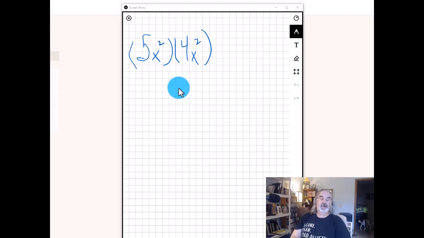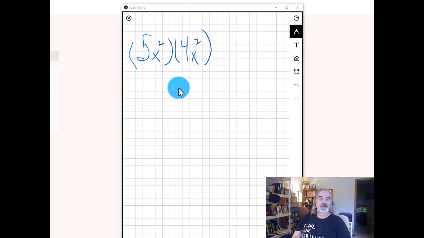At some point early on in algebra, you would have learned magic words like associative and commutative, and at the time you're like, why do I need to know these words? Well, you need to know how you're allowed to rearrange calculations, and this is a good example why. Multiplication is commutative, which means, commute means to move around. In multiplication, you're allowed to move around the order of the multiplying.